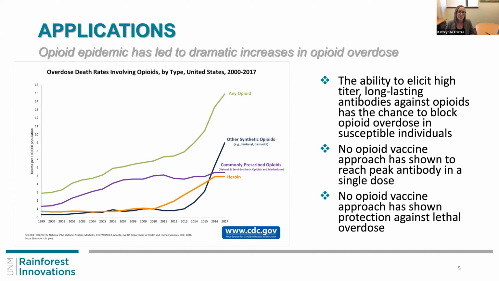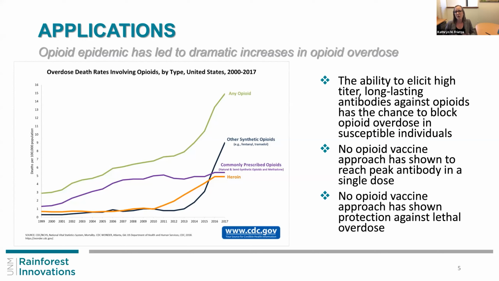That's really being driven by synthetic opioids, primarily fentanyl, both fentanyl that individuals are taking for medical purposes and fentanyl that is added into street drugs to make them more effective for the individuals who take them. So some people are overdosing by accident, not knowing that they have been exposed to fentanyl.